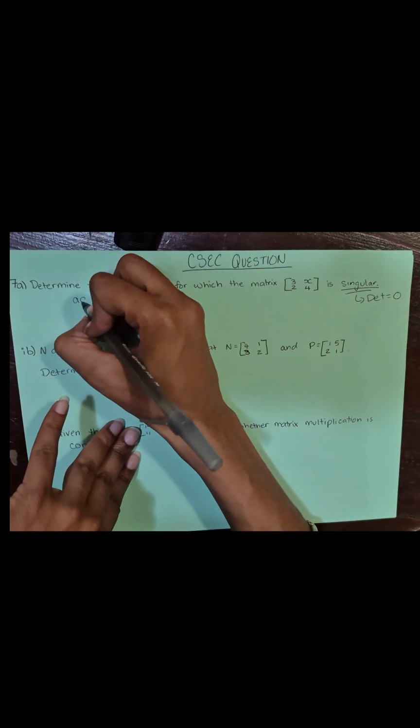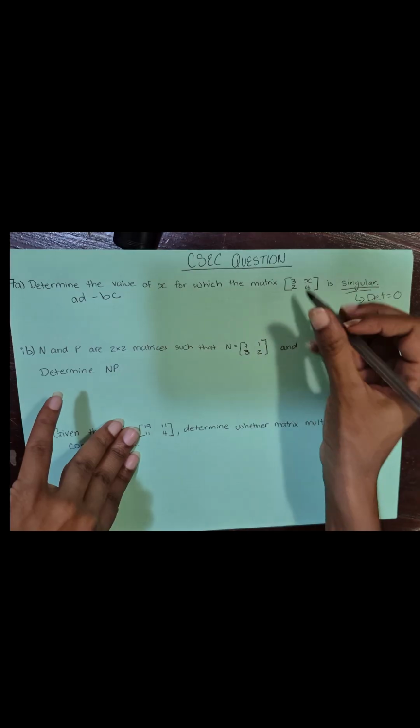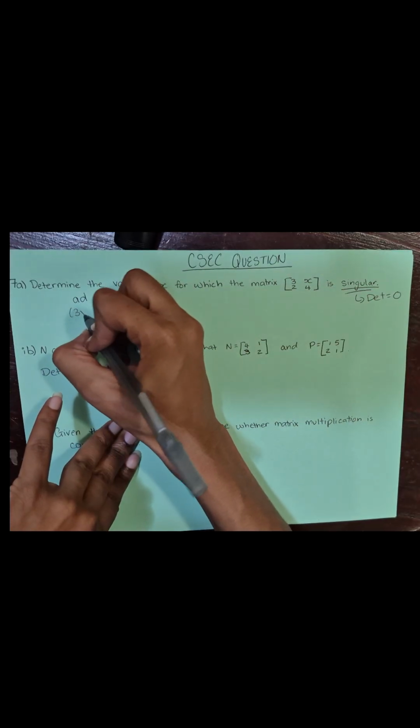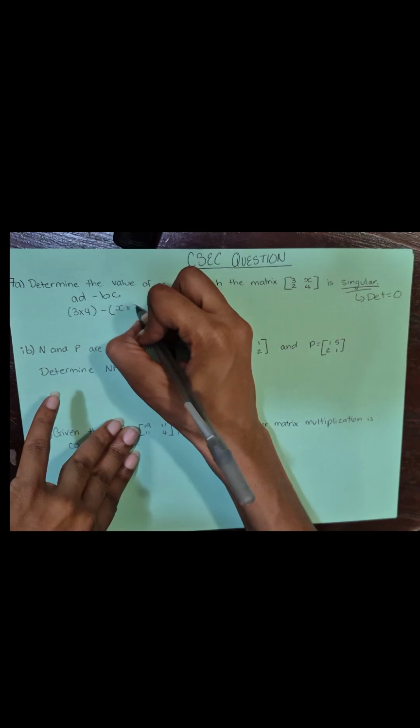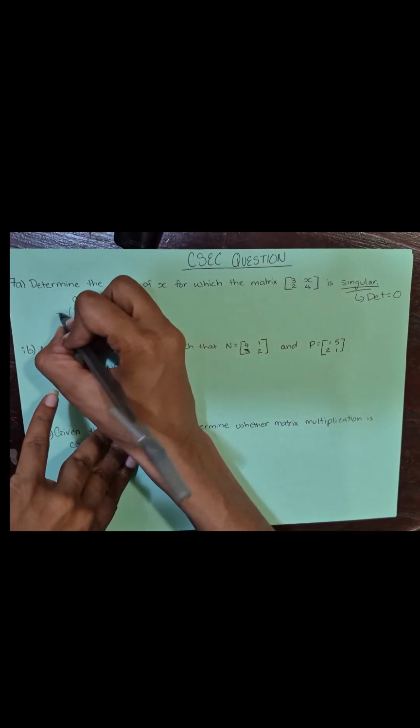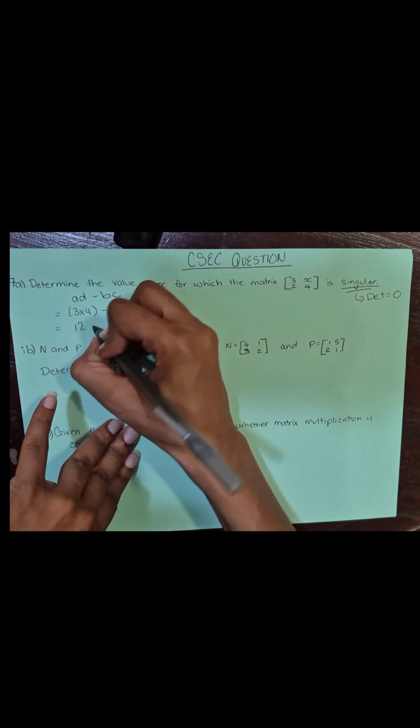Next question. Determine the value of x for which the matrix 3, x, 2, 4 is singular. A singular matrix means the determinant is 0. How do we find the determinant? AD minus BC. So that's 3 times 4 minus x times 2, which is 12 minus 2x.